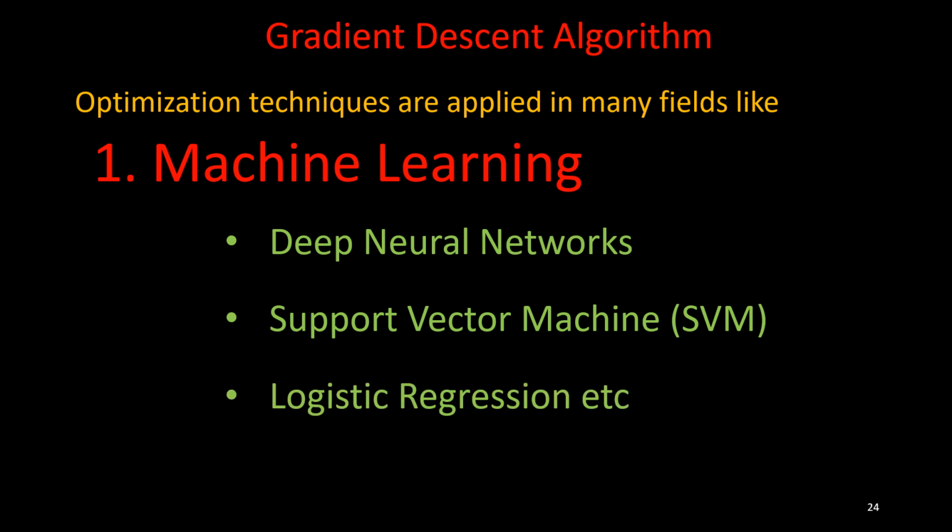These are few topics in machine learning. There gradient descent algorithm will be useful either to train the neural network or to find the parameters of support vector machines or logistic regression parameters. So we'll be discussing few examples from machine learning.